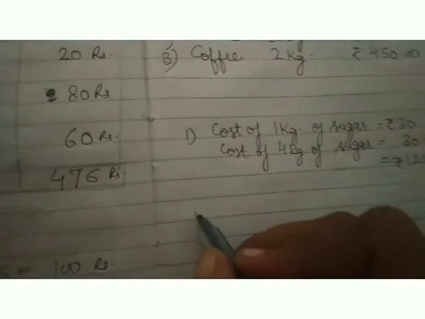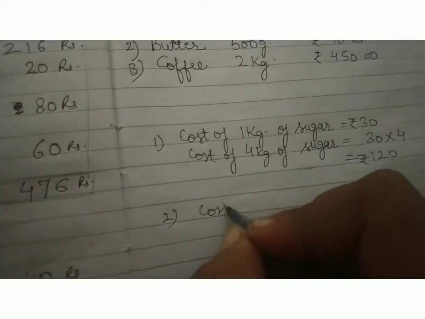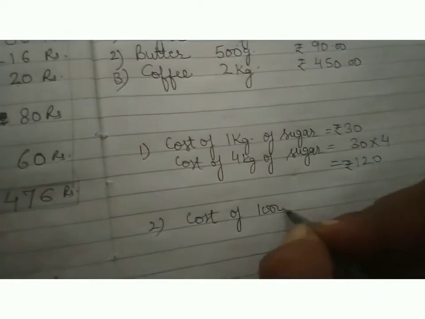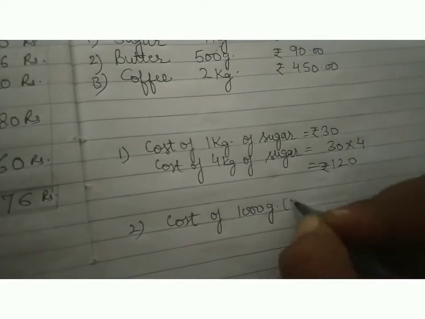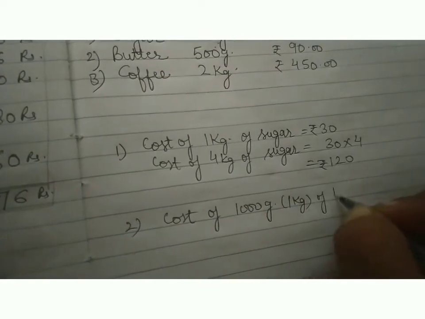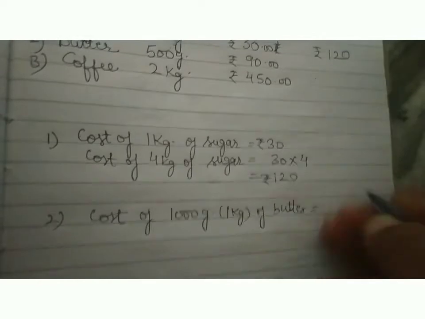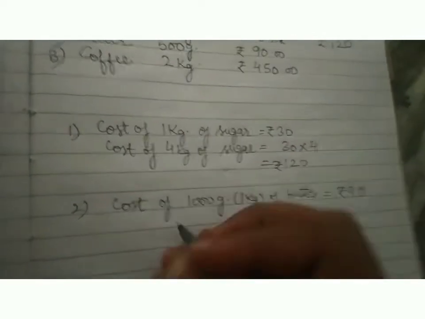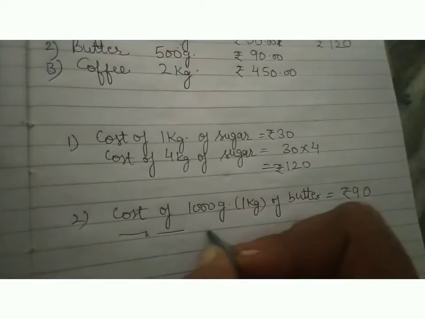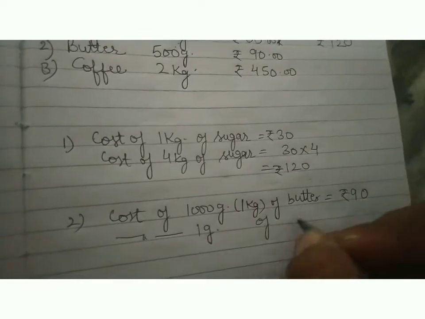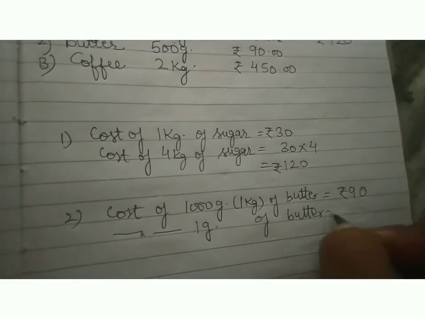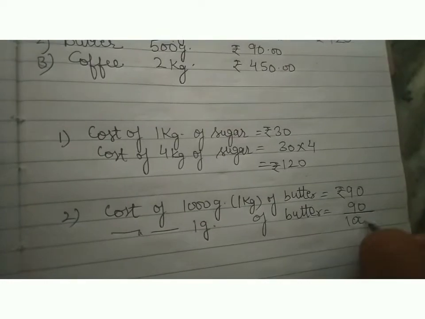Second is butter. So the cost of 1000 gram, that is 1 kilogram of butter, is how much? 90 rupees. Okay. So what will be the cost of 1 gram of butter? The cost of 1 gram of butter will be 90 divided by 1000 rupees.